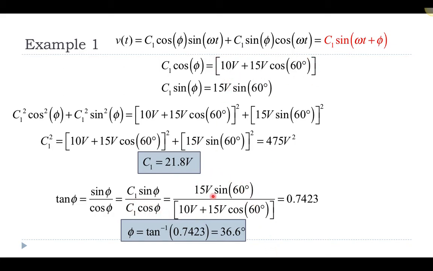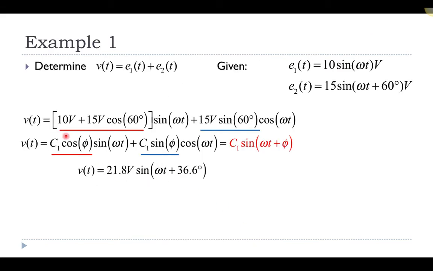Those are just numbers. I can plug those numbers in and I get 0.7423. So if I want to know the angle, I can take the inverse tangent of that value and I get 36.6 degrees. So I've started off with my two sinusoidal varying functions, and they are not in phase with one another.